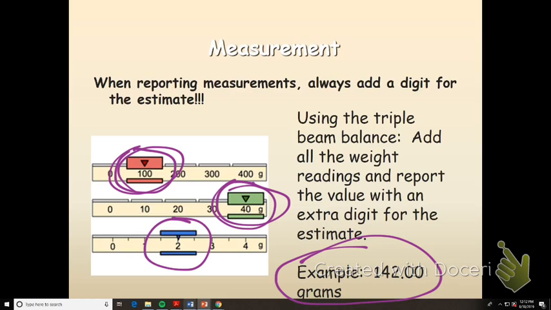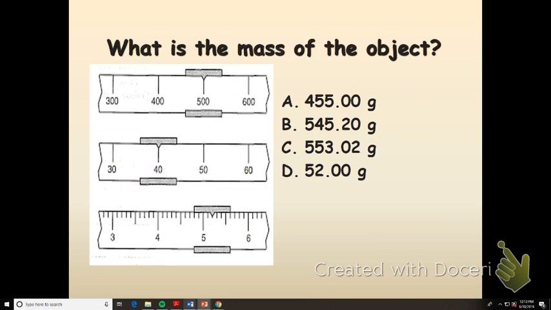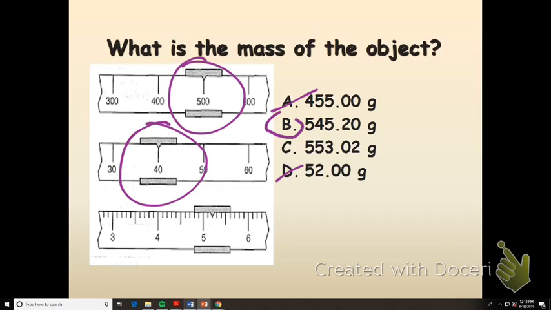So let's do one practice. Looking at this one, what do you think the mass of this object is? So 500 can't be A, can't be D. 40, I'm already going to say it's probably B, huh?